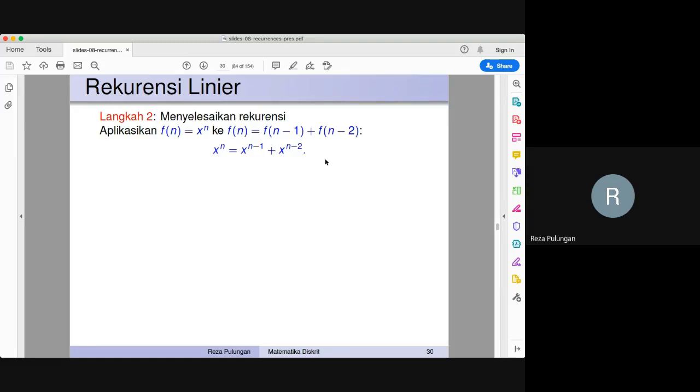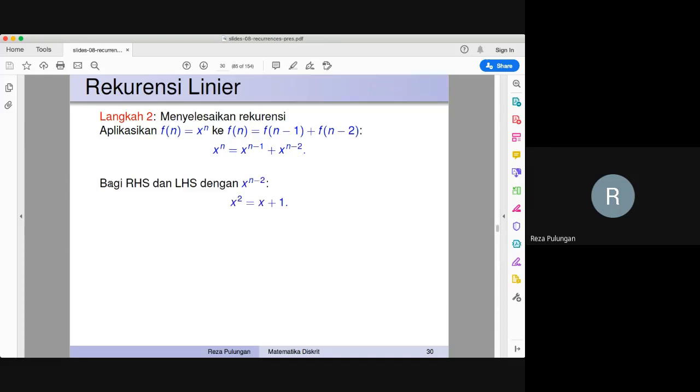Okay. So what do we do next? Well, this is a very large equation, but if I divide the left hand side and the right hand side by the smallest power, x to the power of n minus 2, then I can actually simplify this equation.